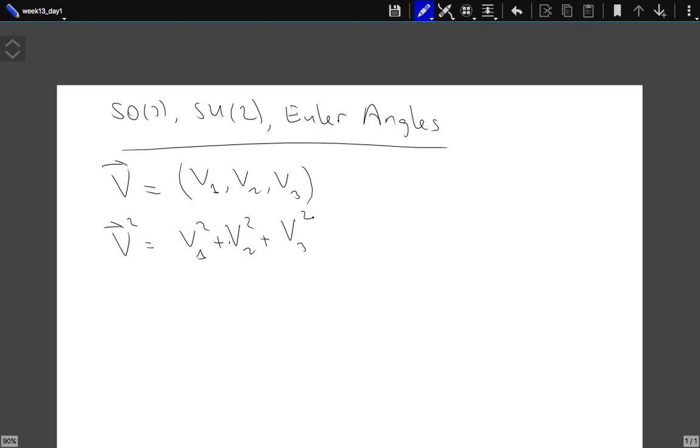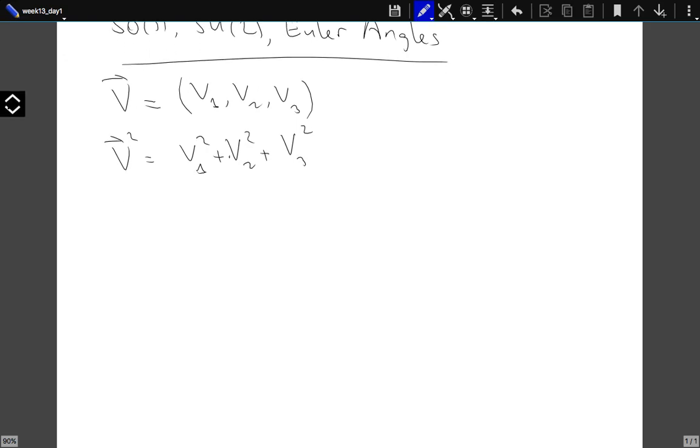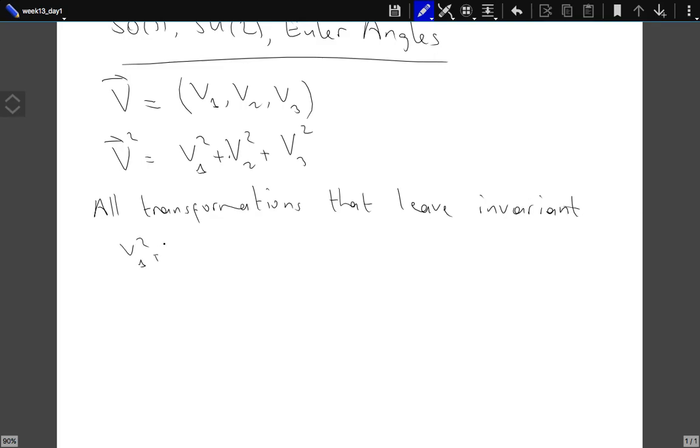Now, all the transformations that leave invariant V1 squared plus V2 squared plus V3 squared, let's call this V squared, well, this is what we call O(N).